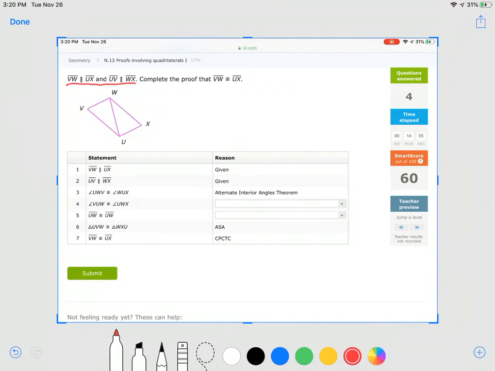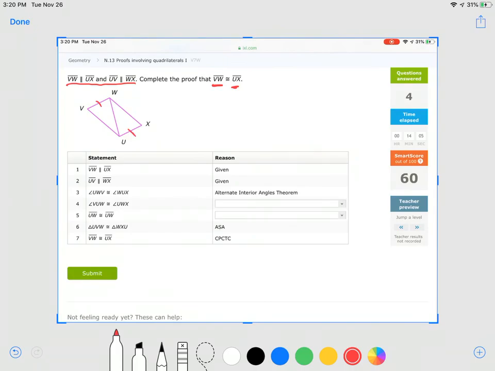So VW and UX, and then UV and WX. So we know we have a parallelogram on our hands. And apparently, when you have parallelograms, VW is congruent to UX.